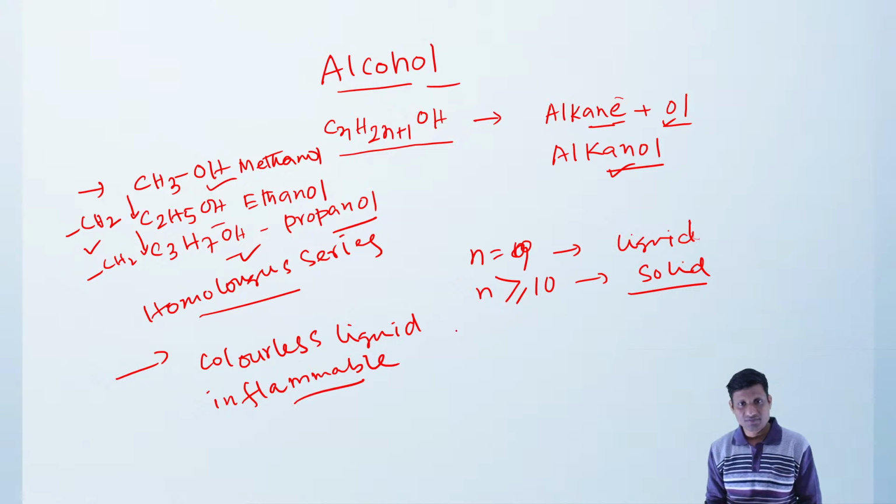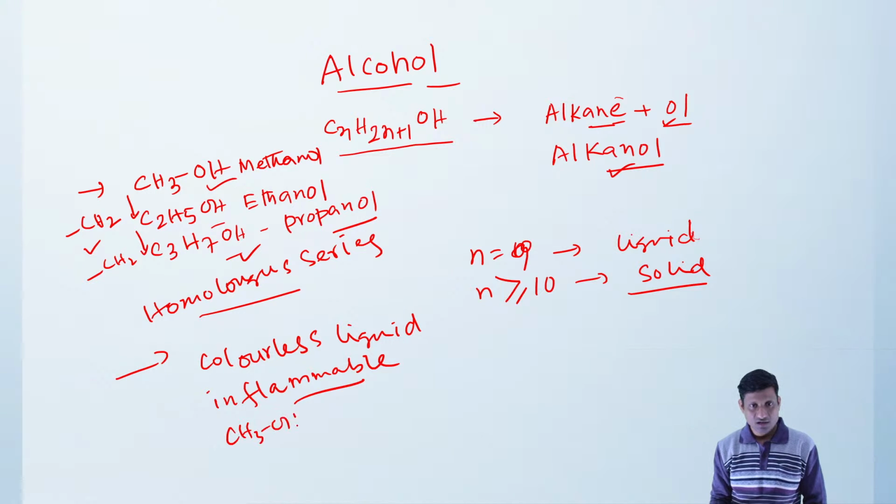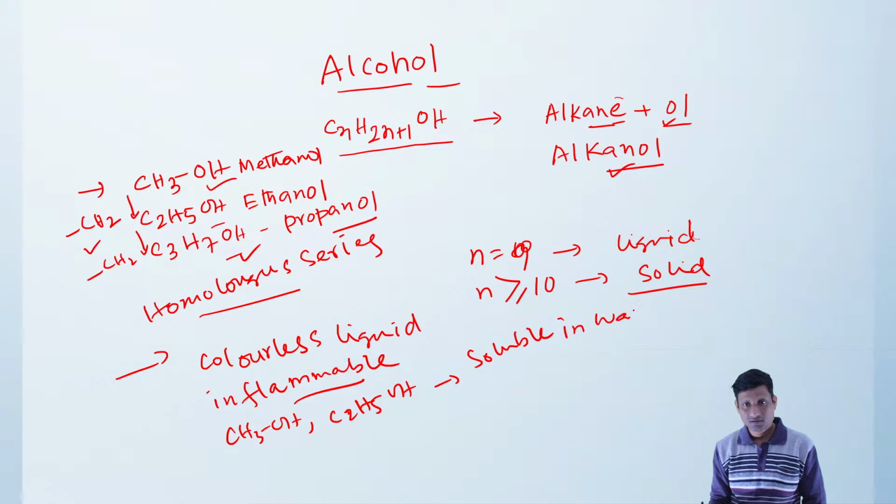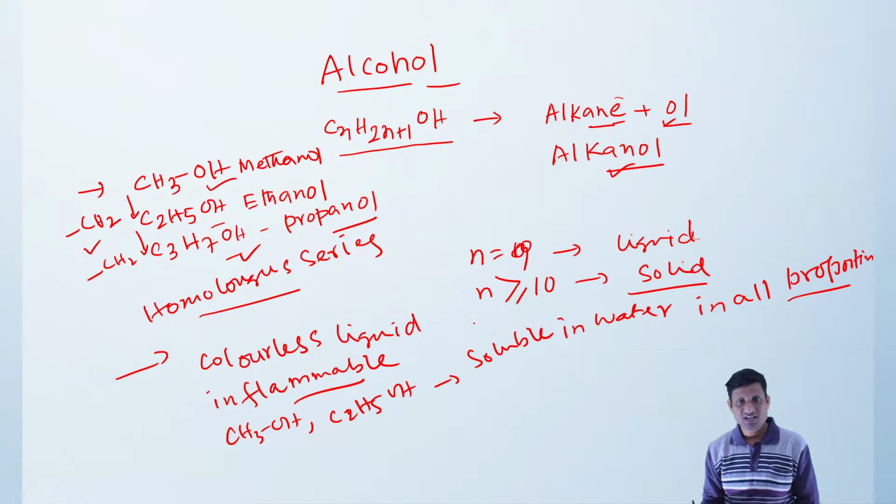So this means they help in burning. And the most important point: the short chain alcohols, like methanol and ethanol, are soluble in water in all proportions. If we mix ethanol or methanol with water in any proportion, it will mix with the water.